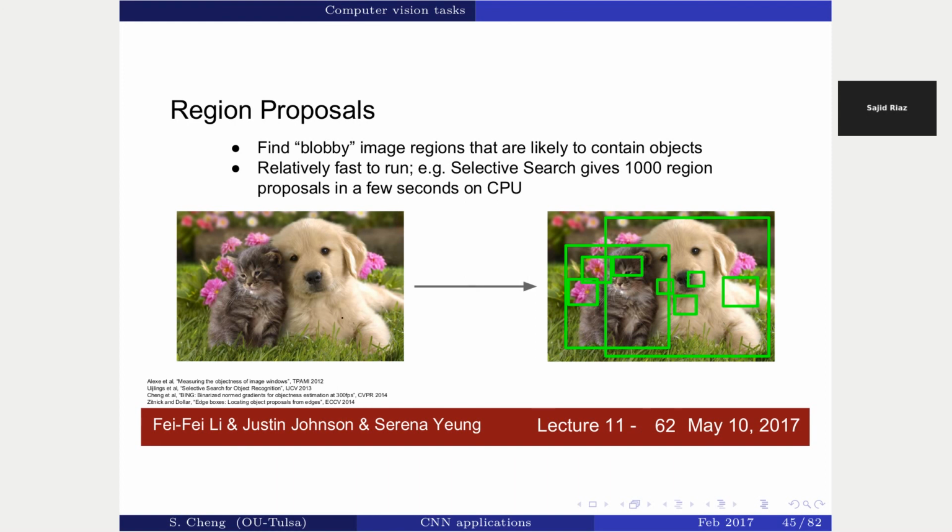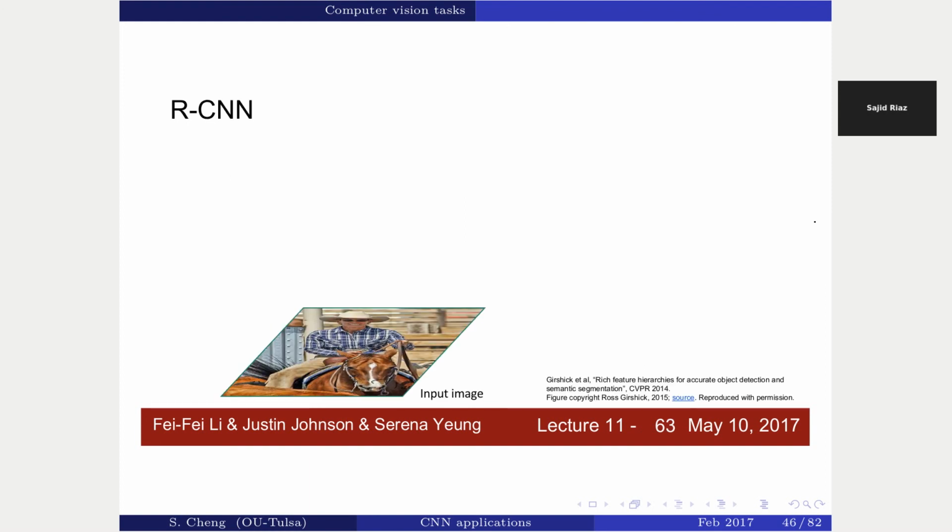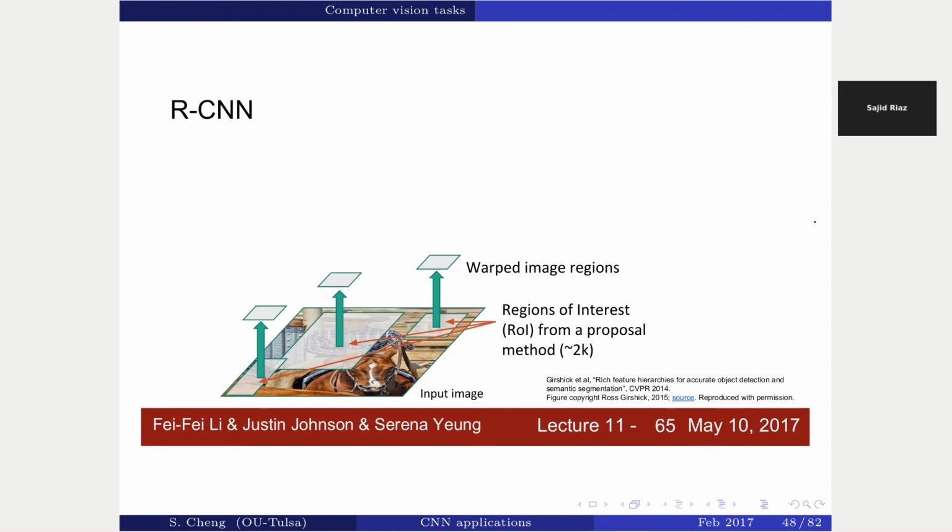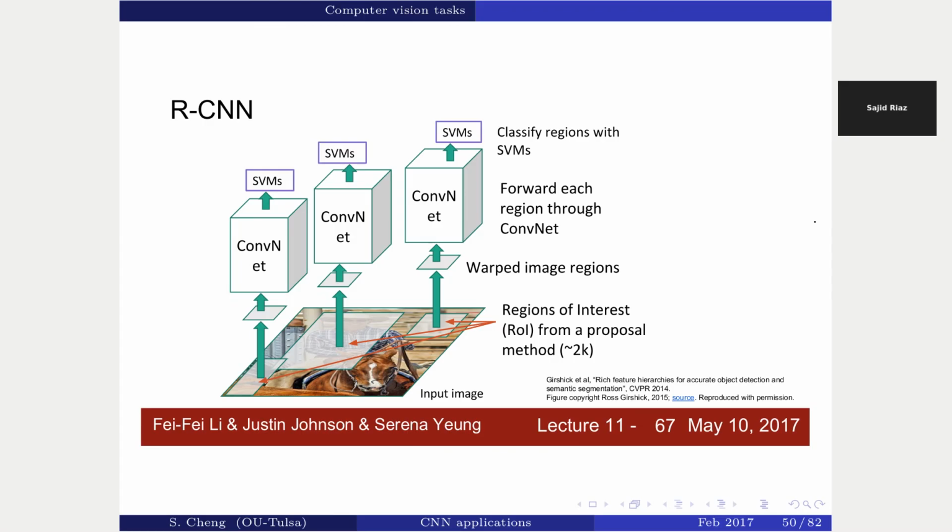These are all the candidates, and for each of them we can try to recognize. This is the first work, around 2014. People used the classic region proposal method, and tackled each candidate independently. The problem again is this is really slow, because each of them is very expensive.